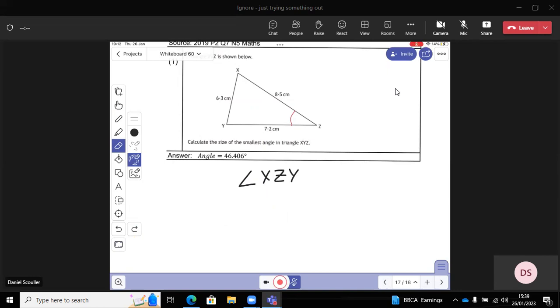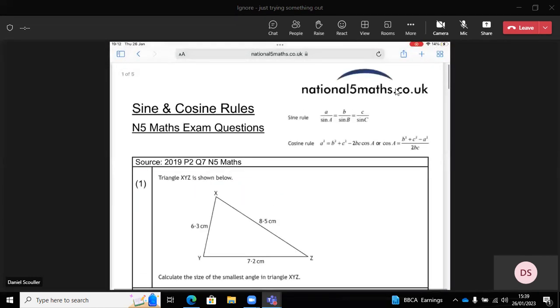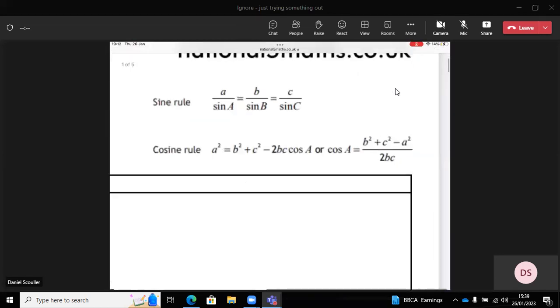Let's go back to our rules. You get given the cos rule written in 2 different ways. Remember, it gives you a squared equals b squared plus c squared minus 2bc.